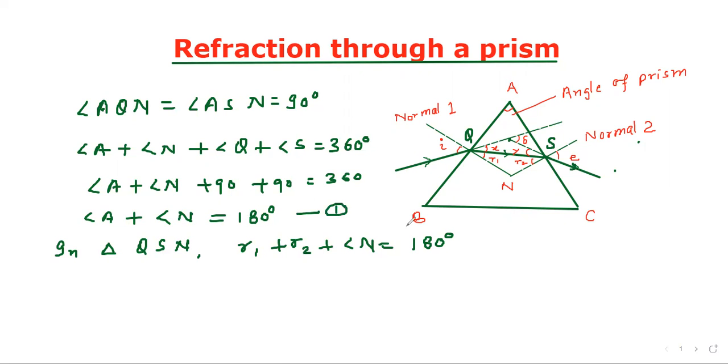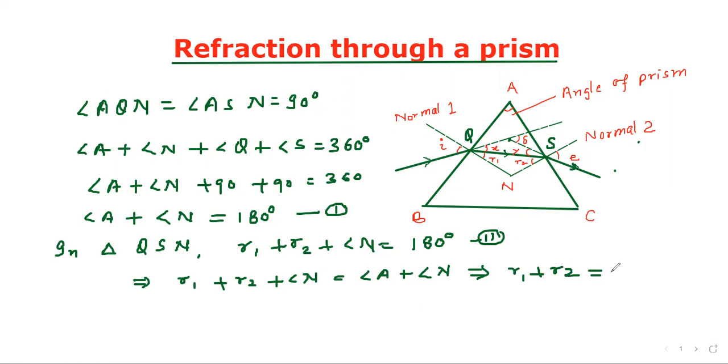So suppose this is equation number 1, this is equation number 2. If we equate, we will get R1 plus R2 plus angle N equal to angle A plus angle N, and that will give R1 plus R2 equal to angle A. Suppose this is equation number 3.